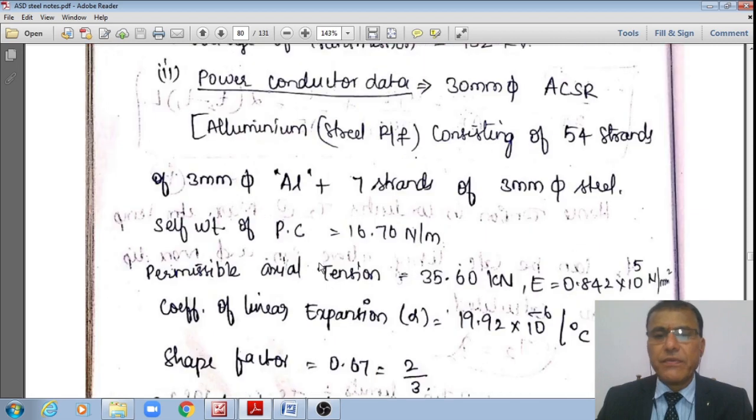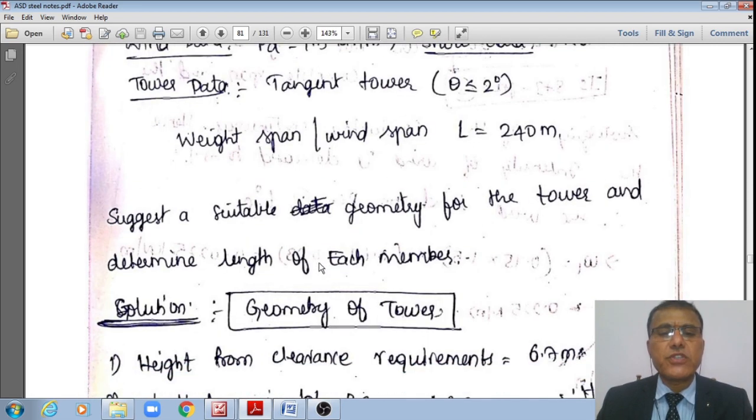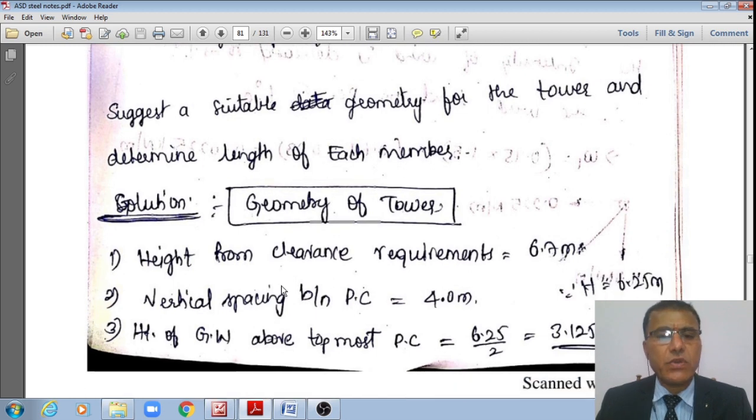From the given data, I'll try to fix the geometry as I've just shown, wherein for fixing the geometry I need to fix the height first of all. What is already given in the problem is the height from the clearance point of view. It should not be less than 6.7, therefore I'm assuming 6.7 height from the clearance requirement.